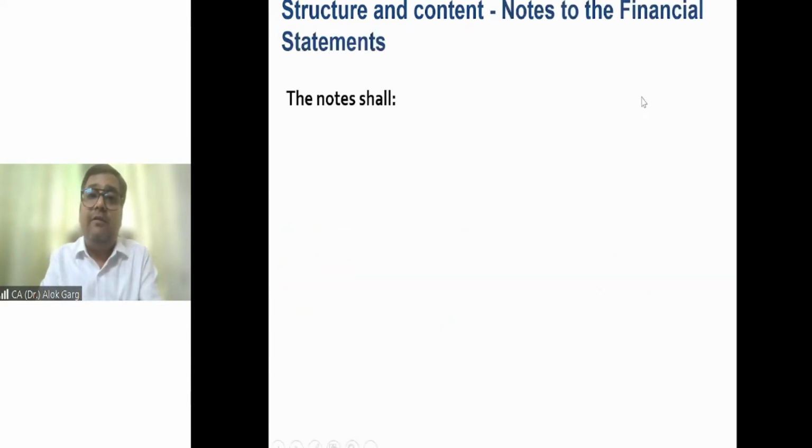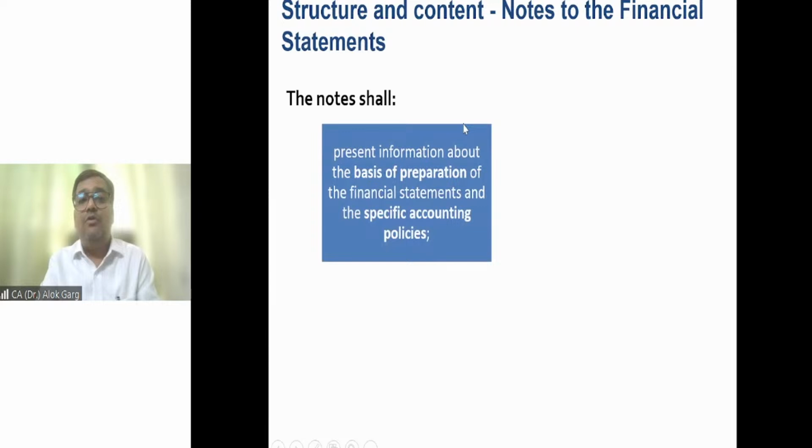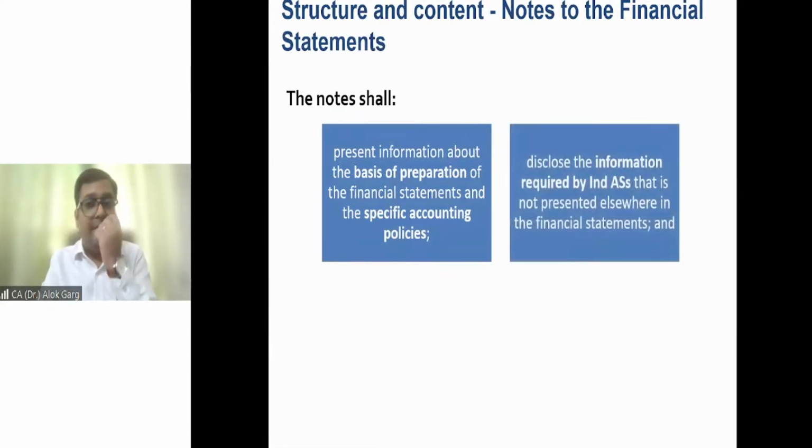Now the last component, which is your notes to accounts. What is your notes to accounts? Friends, the standard says that the notes shall present information about the basis of preparation of the financial statement and the specific accounting policies.